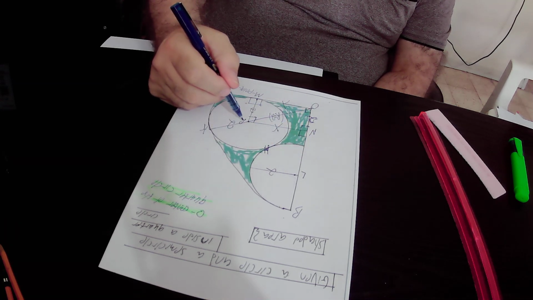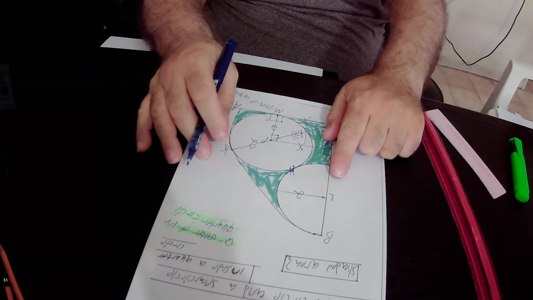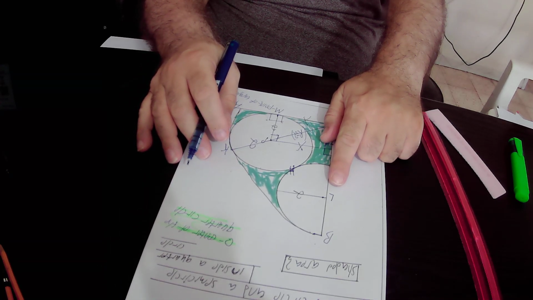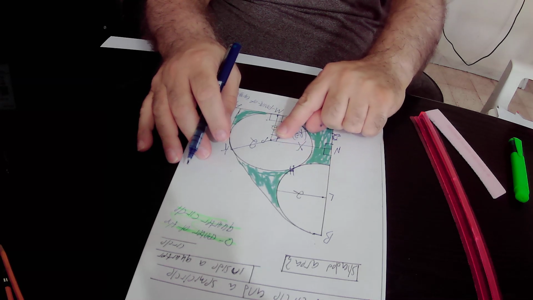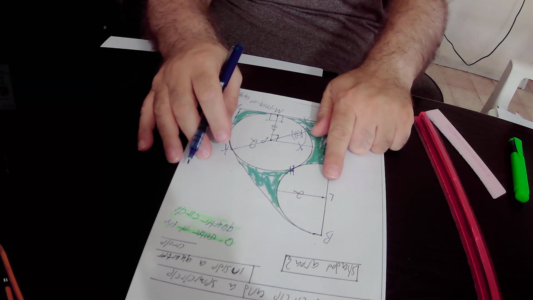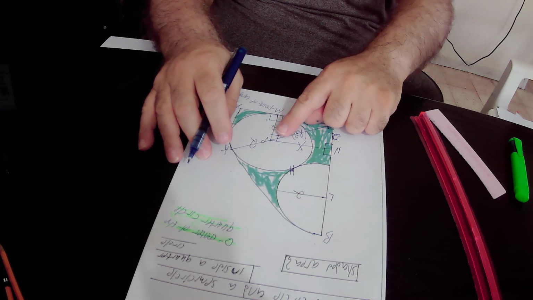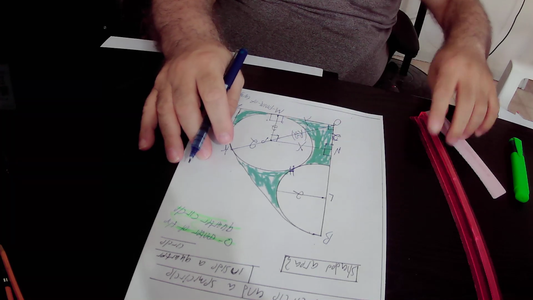Point P is the center of the circle. And the straight line that joins their centers together is LP. According to the rule that I mentioned, the straight line LP must pass through point H.